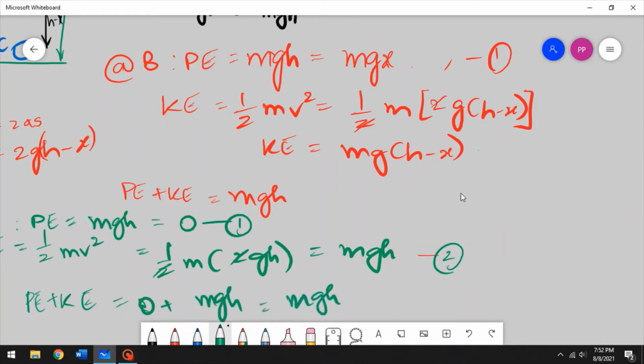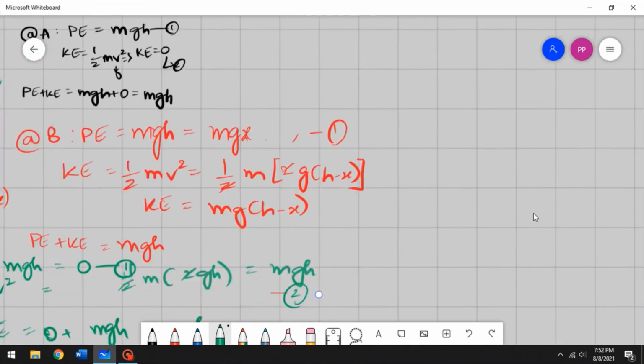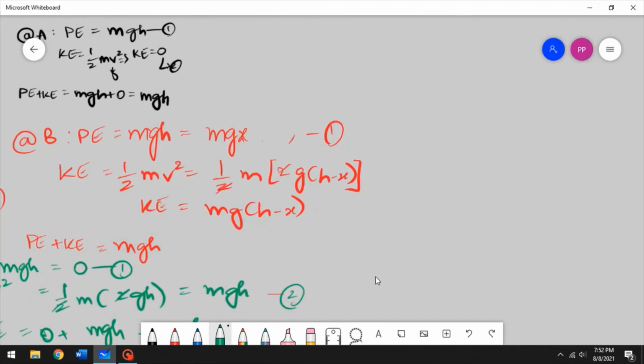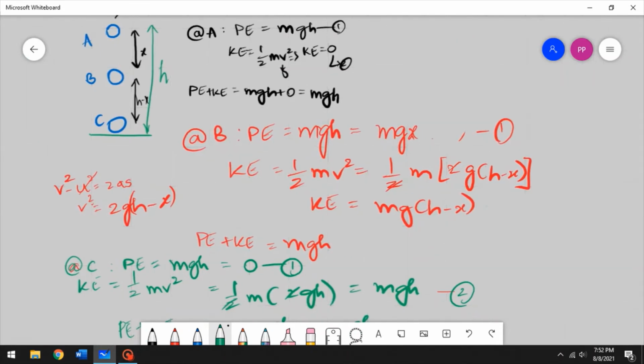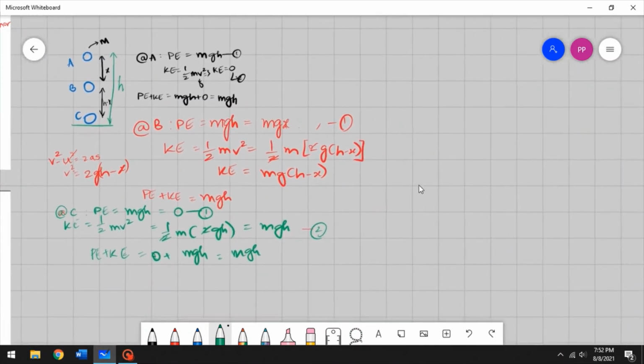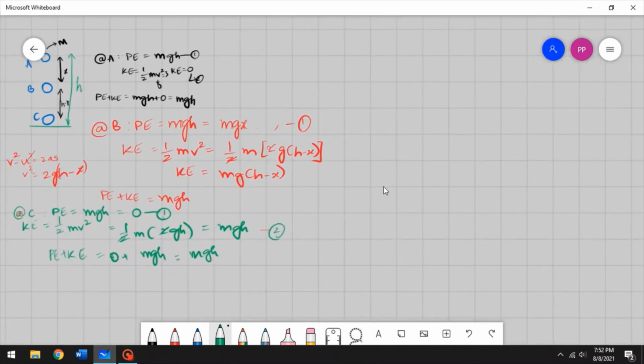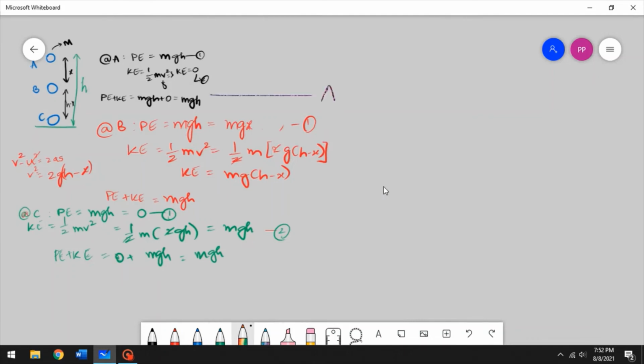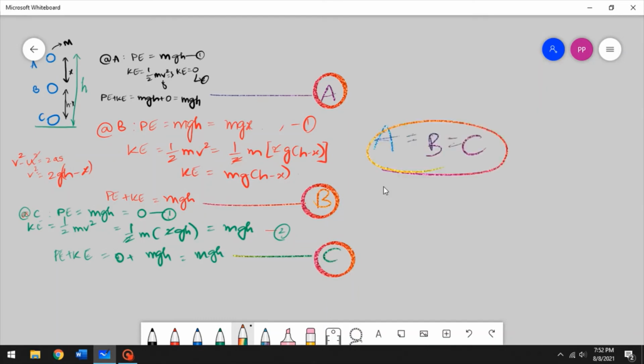So let me zoom out a little more. If you look at the whole thing at once, and consider this to be equation A, this to be equation B, this to be equation C, you will see that A equals B equals C, which shows that energy is constant at every point.